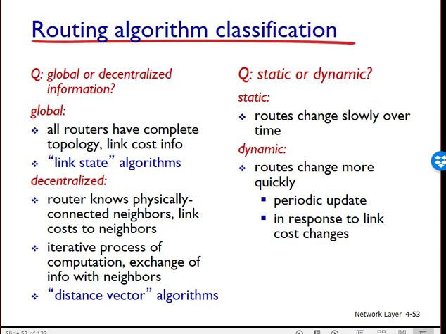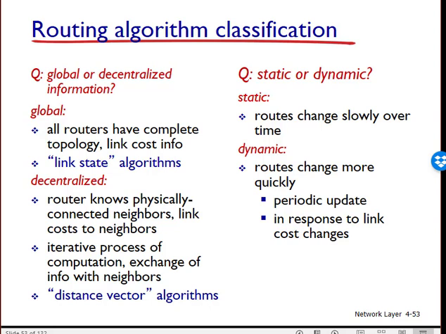A third way to classify routing algorithms is according to whether they are load sensitive or load insensitive. In a load sensitive algorithm, link costs vary dynamically to reflect the current level of congestion in the underlying link. If a high cost is associated with a link that is currently congested, a routing algorithm will tend to choose routes around such a congested link.